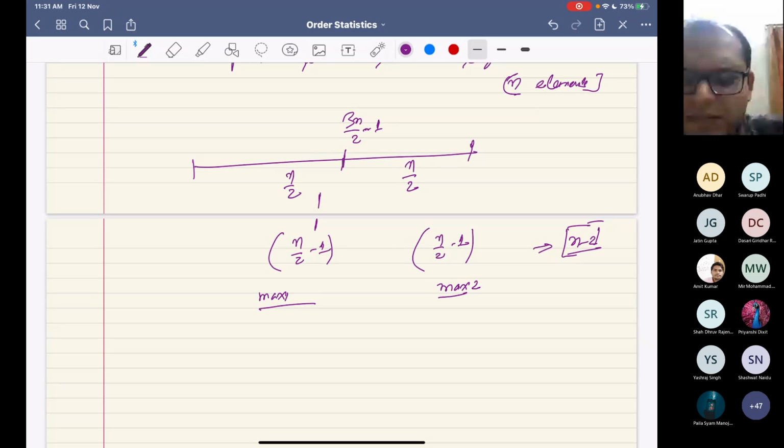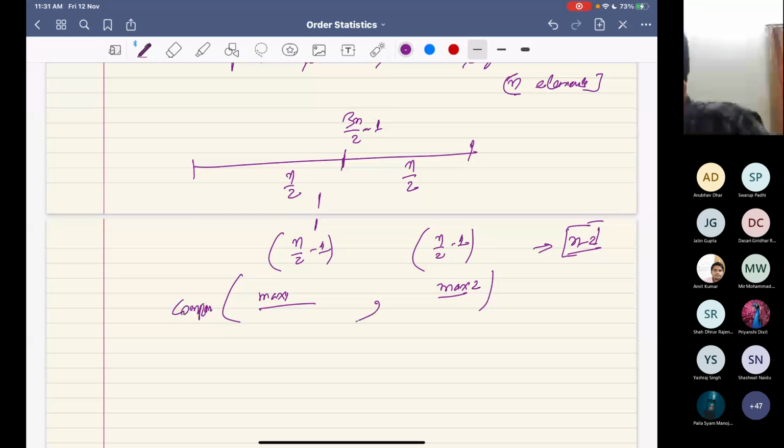I think what I can think of right now is, you do one more comparison between these two, and suppose this is the max. So you know the second max is either in the left part, or it is max 2. One of these is the second max.